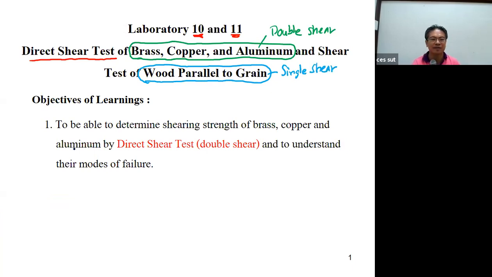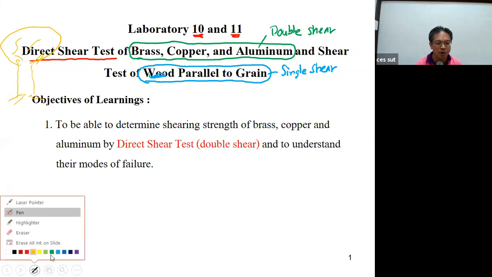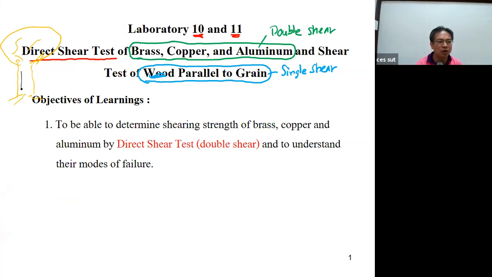I first start by talking about the wood, okay? When we go up the wood, the wood will have the grain parallel to the height of the wood.